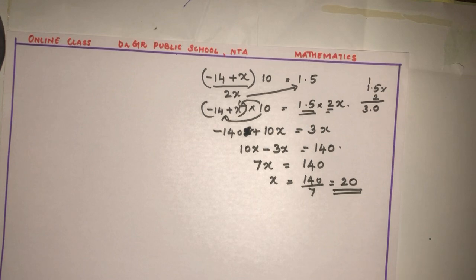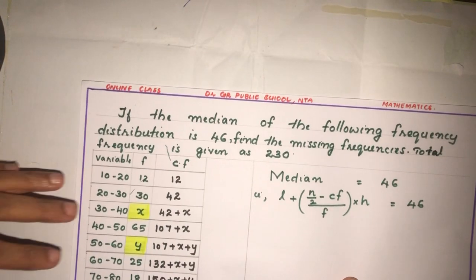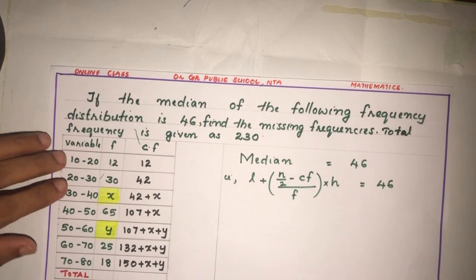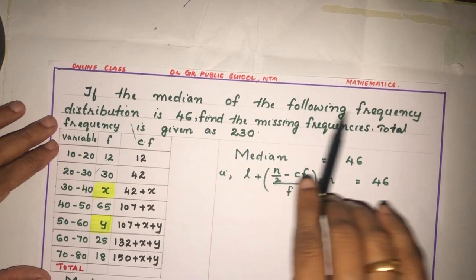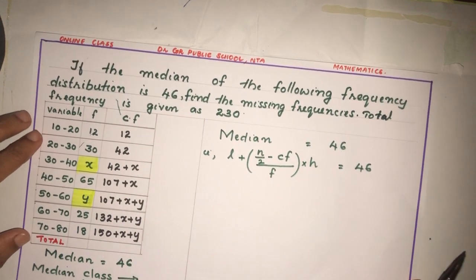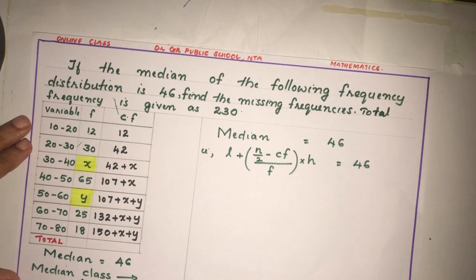Okay. Now we will discuss the problems with 2 missing frequencies. Now consider the question. If the median of the following frequency distribution is 46, find the missing frequencies.